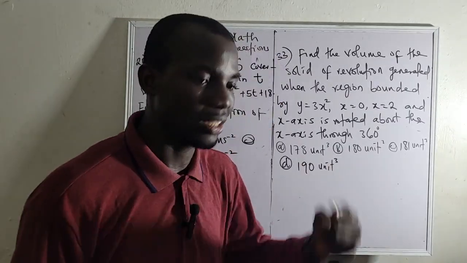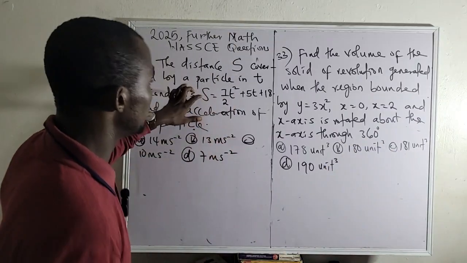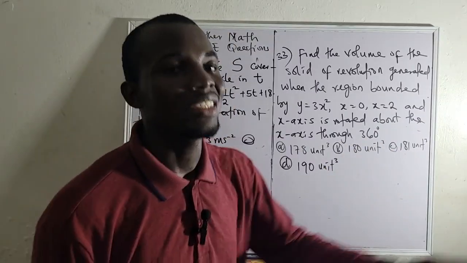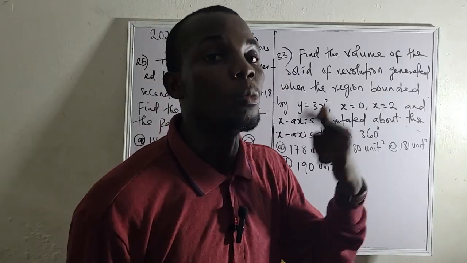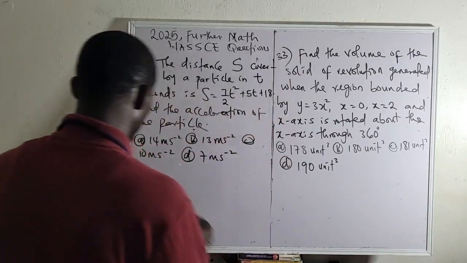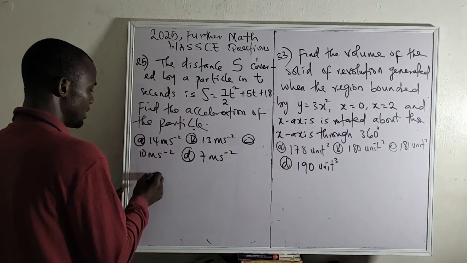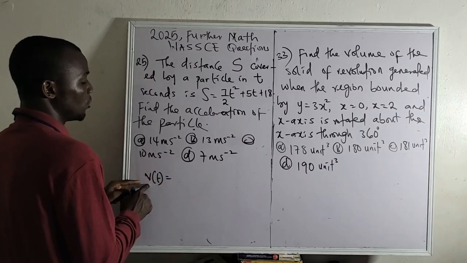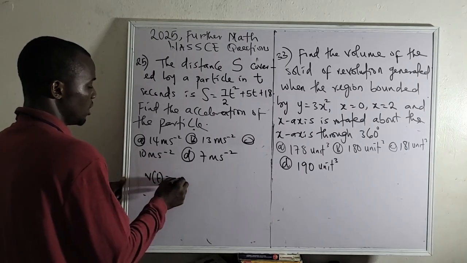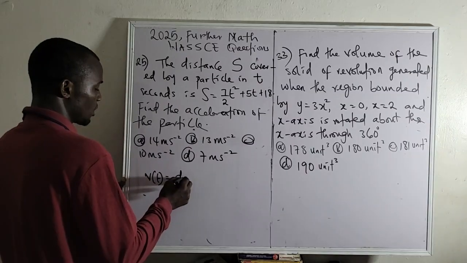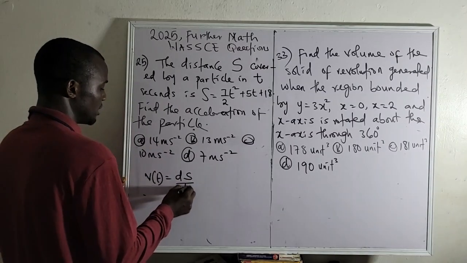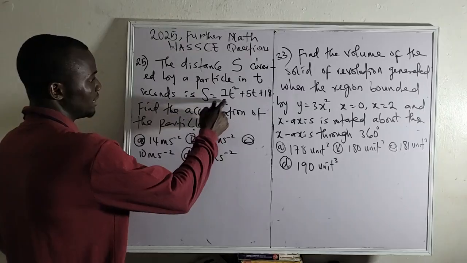The first derivative of this will give us velocity. The second derivative of that will give us acceleration. So I'm going to first find v of t, that's velocity with respect to t. That will be ds over dt. Look at the s here.